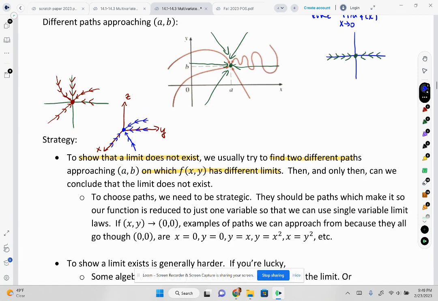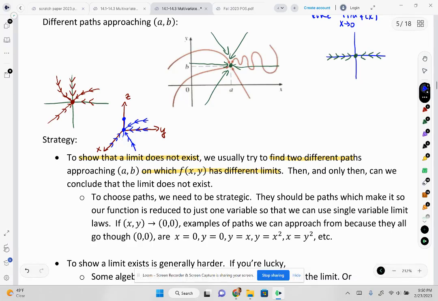But then what if we decide to approach from x equals y squared, and we end up here? Our limiting value has a higher z value. Maybe we get 2 instead of 0.